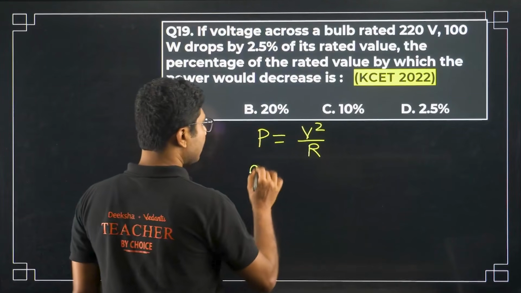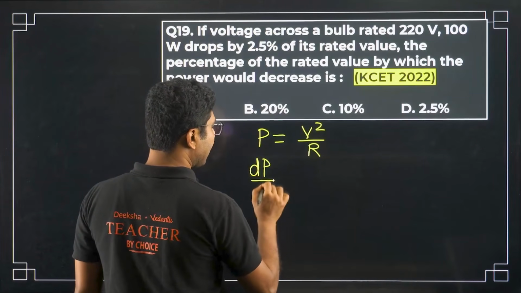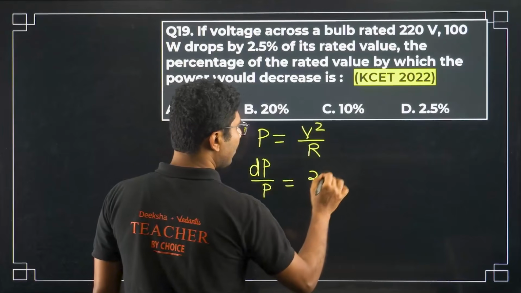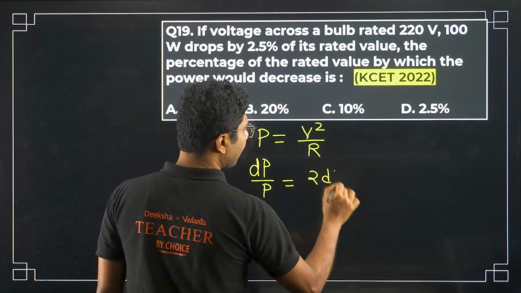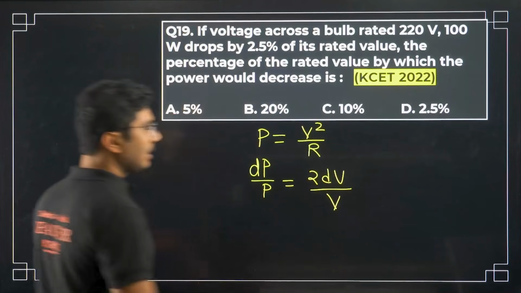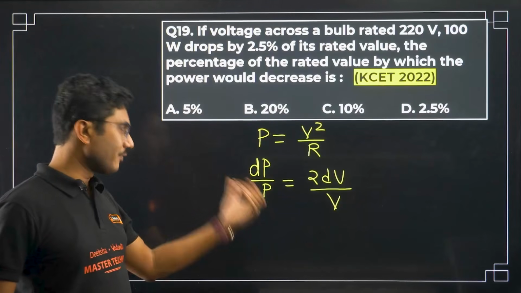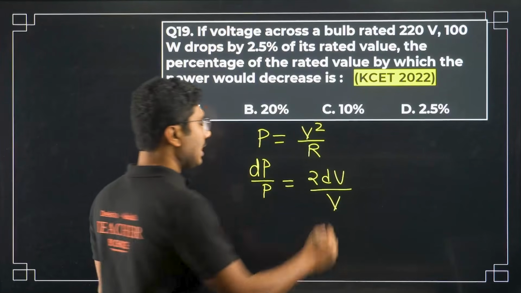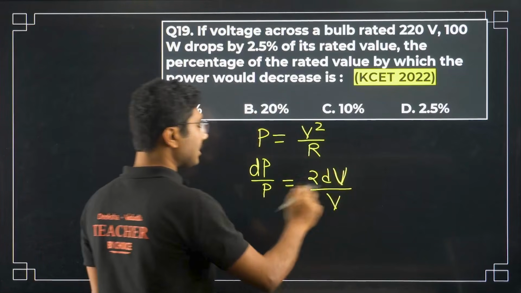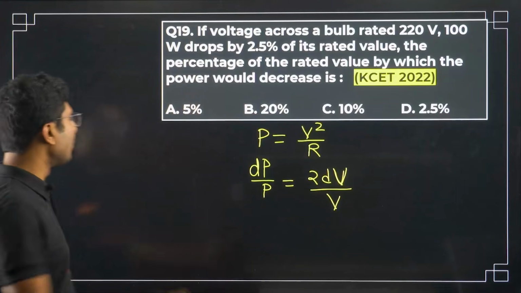Okay. Now also dP by P will be 2 dV by V. You can check this out. This is a differential equation. You just need to differentiate it and divide by the terms and you will get this value. How to do that?